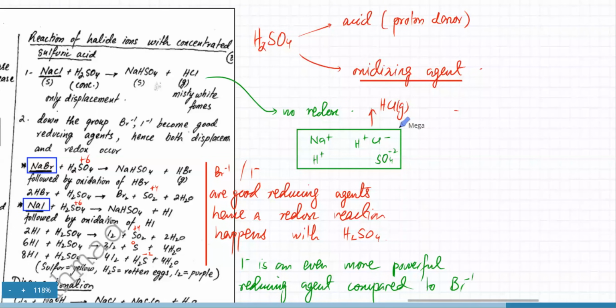So these H+ and Cl- ions would be removed from the solution slowly, gradually. HCl gas would be formed and misty white fumes of HCl gas would be seen.